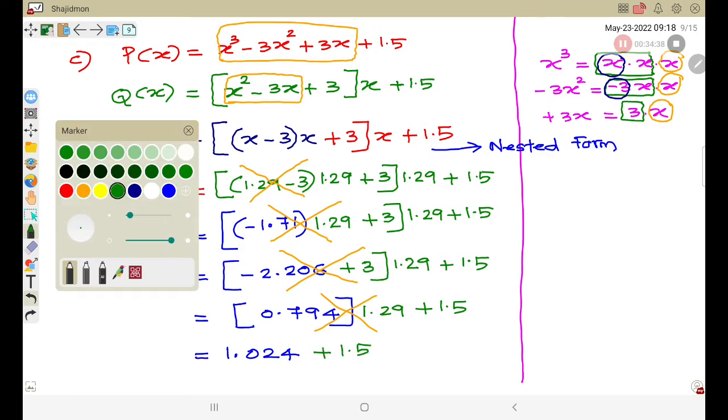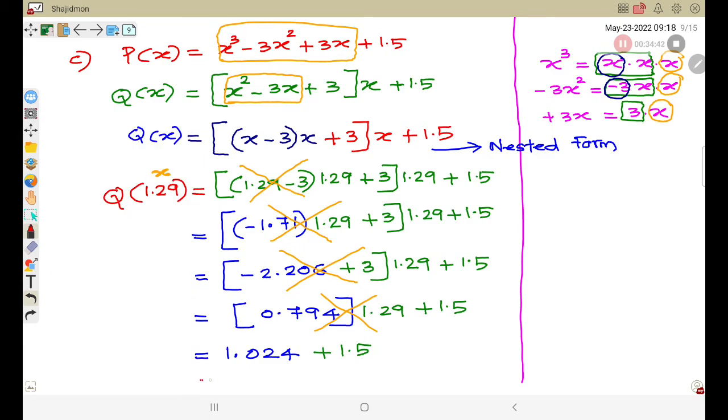Now lastly we will get the final answer. You can calculate 1.024 plus 1.5. You will get 2.524. Okay, 2.524. So this number we are calling the approximate value using nested calculation, correct?